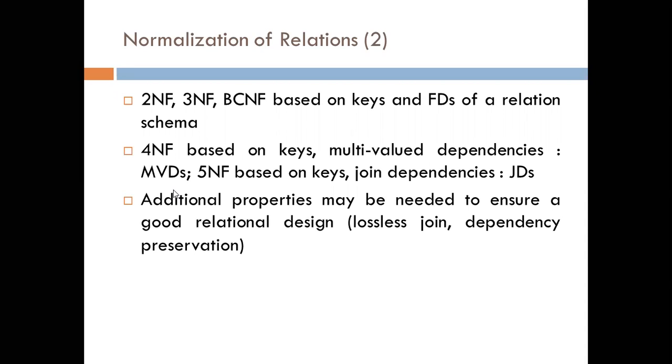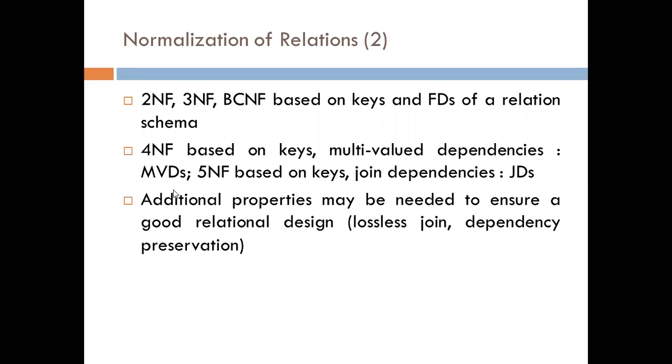Initially, Codd was the scientist who proposed three normal forms: first, second, and third normal form. A stronger definition of third normal form was added, and that normal form is called Boyce-Codd normal form. It was later proposed by the database scientists Boyce and Codd.